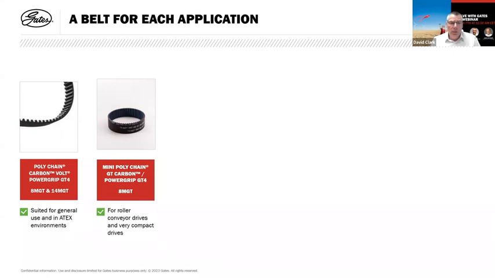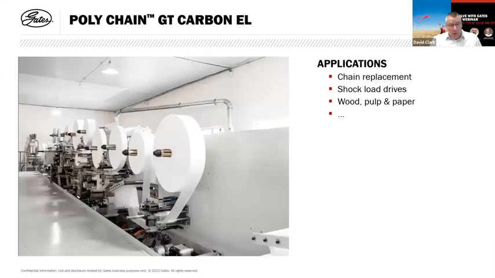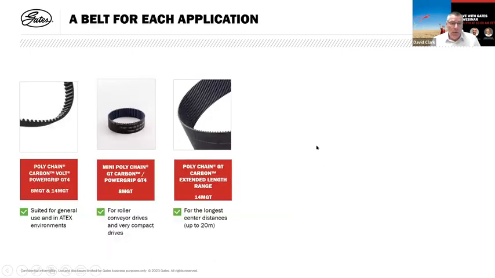alternative solutions on conveyors. Polychain GT Carbon Extended Length, I mentioned it earlier. It's used where we spirally splice a standard polychain belt in order to give us a longer length belt for fitting on very large drives. These are used for chain replacement, short load drives, for example, wood, pulp and paper, but they're suitable for any high capacity drives that need a belt with a rather large footprint or a rather long length.